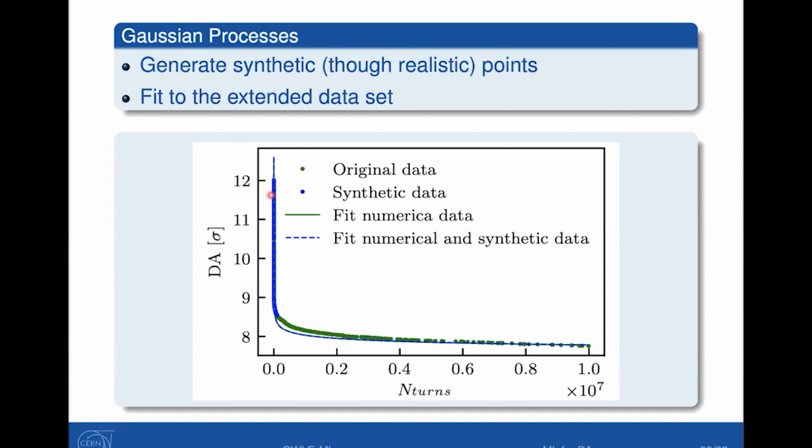Then the blue dots are what the Gaussian process adds. This is not a vertical line; we're just collapsing. This would be 10^4 up to 10^5 turns. So we're fitting from 10,000 to 100,000 turns, because we're interested in extrapolation. And then we make another fit based on the original data plus the synthetic data.